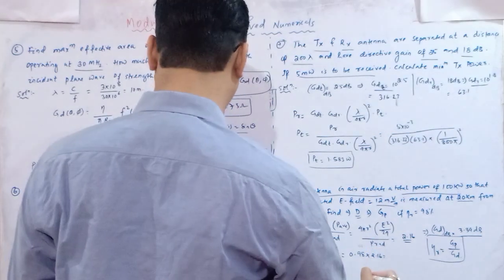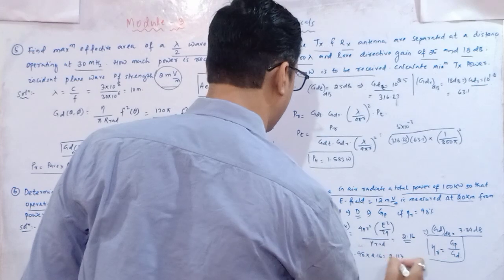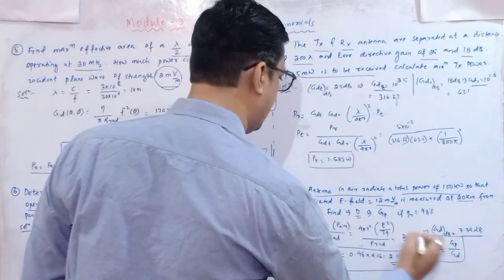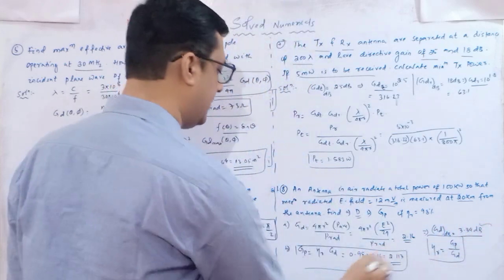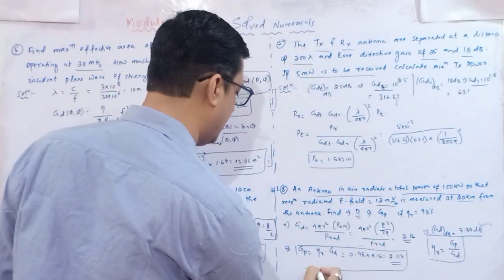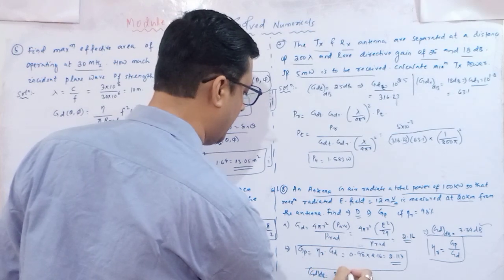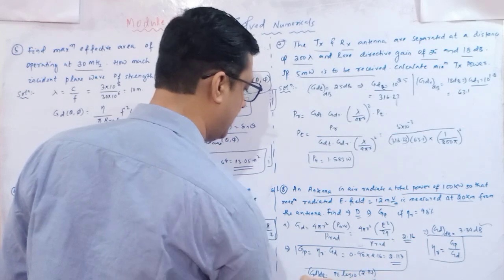Solve this, you will get your value as 2.117. So this is your GP, and this is your GD. Okay, now this is in decimal value, convert this one into dB. So what you will do, it is 10 log base 10 of 2.117.